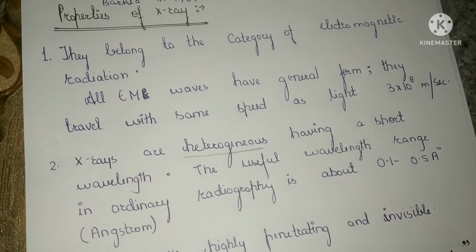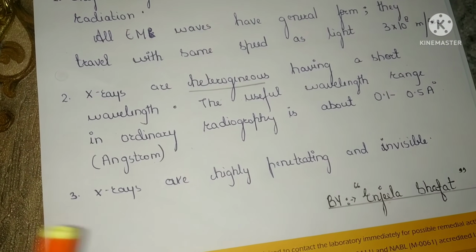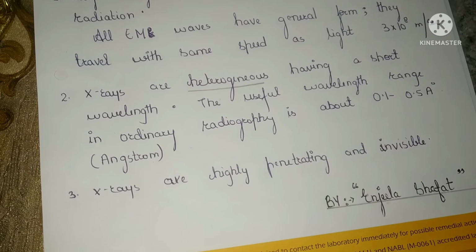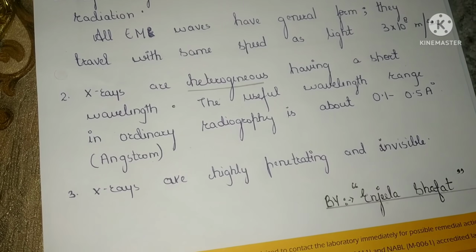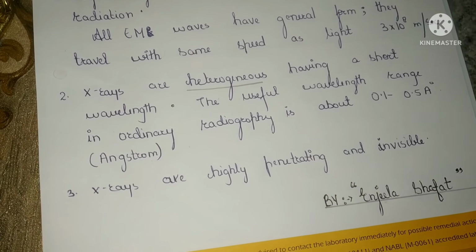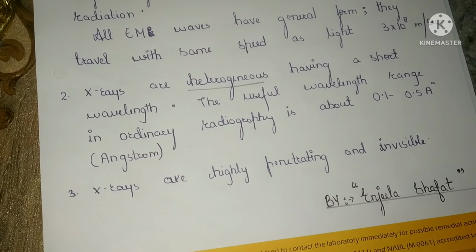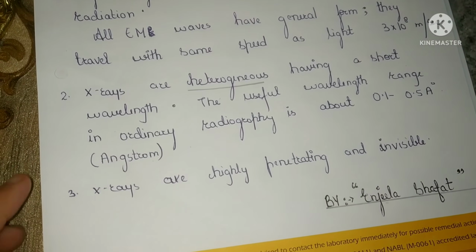Make a note: the useful wavelength we use in radiography is 0.1 to 0.5 angstroms. Now moving towards the third property: X-rays are highly penetrating and invisible, which means they can get through solids and liquids, and they are invisible. Like light, we cannot see them.